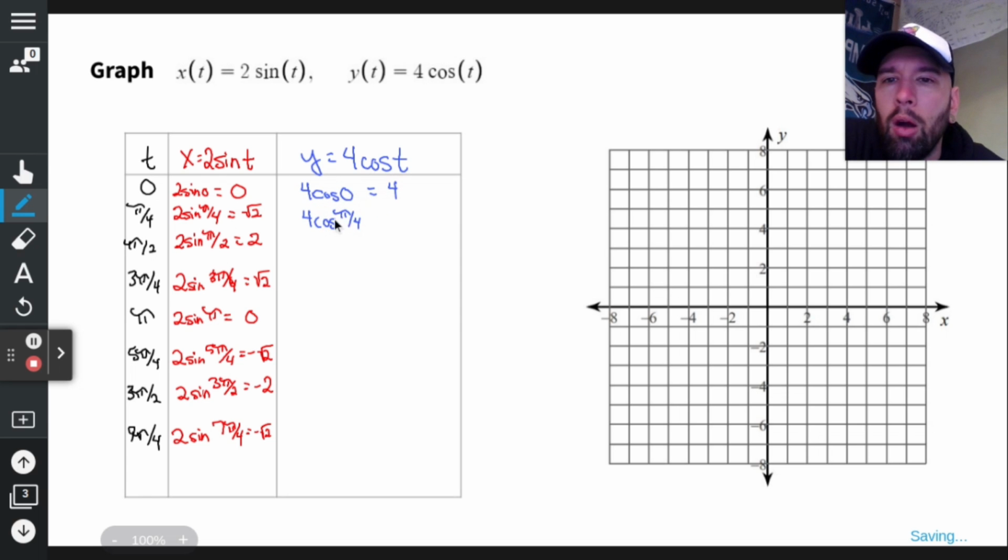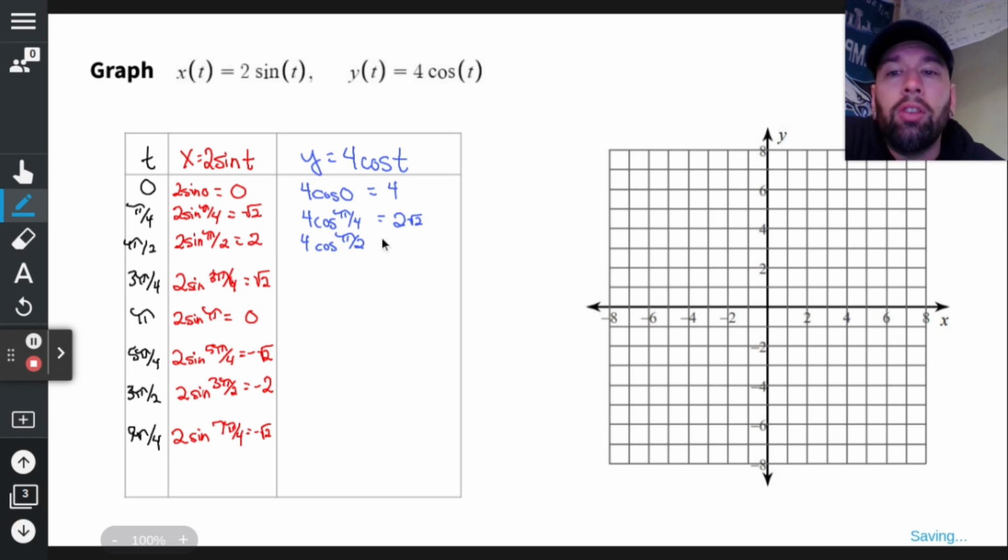4 cos pi over 4. Cos pi over 4 is root 2 over 2. So 4 times root 2 over 2, the 4 and the 2 cancel out to make 2 root 2. 4 cos pi over 2.